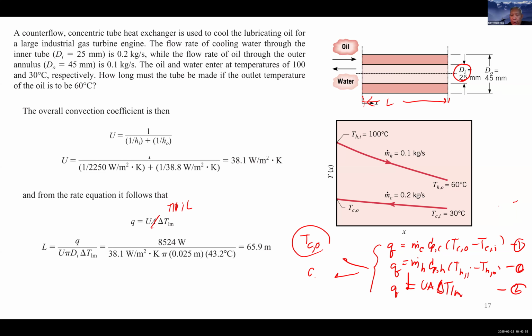Second, you solve for Q. And the third one, you solve for A, giving you the L. So see, 3 unknowns and you have yourself 3 equations. Other than that, the information should be provided by the problem itself, except these 3. When you have a system of 3 equations, you are allowed to have 3 unknowns.